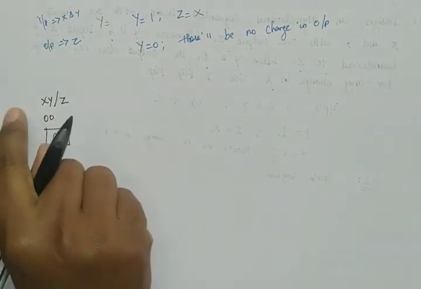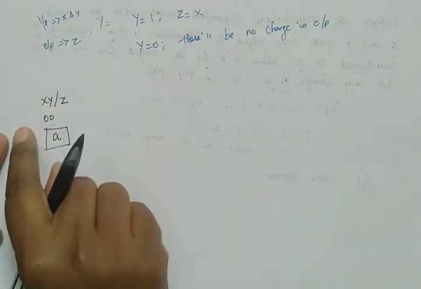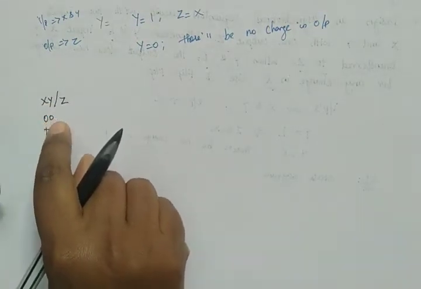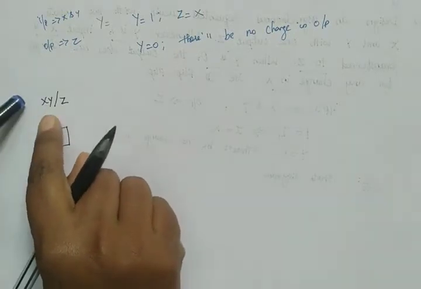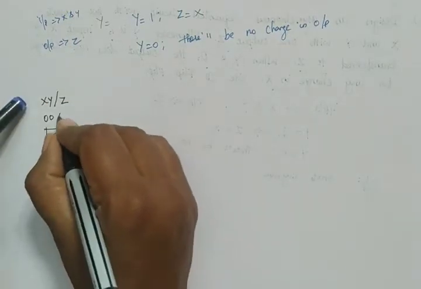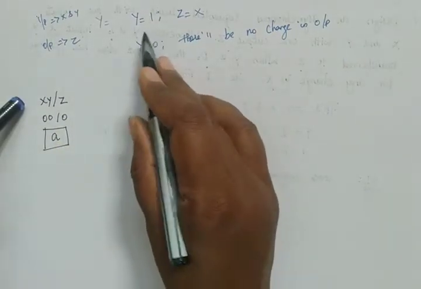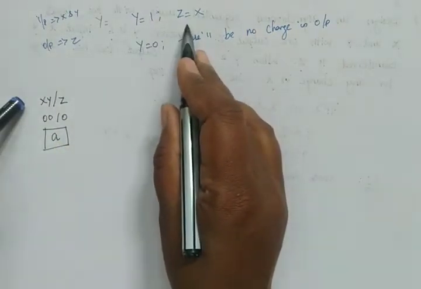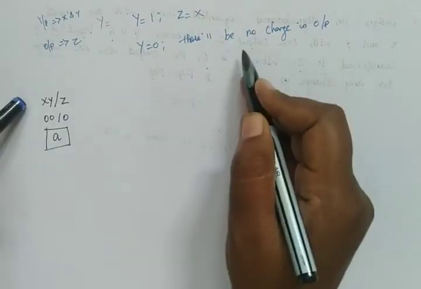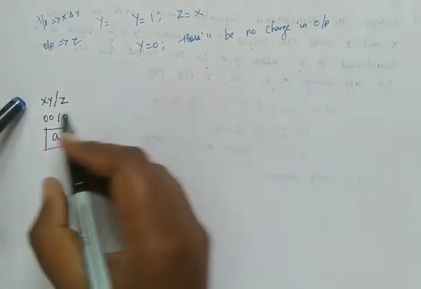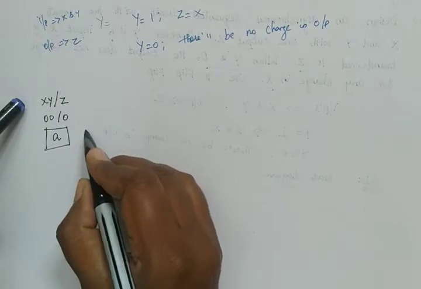If we had 3 inputs X, Y, Z, then we would have to take 3 bits, 0, 0, 0. Here we have 2 inputs X, Y and the output is 0. Why are we putting 0 here? Because when Y is equal to 1, Z is equal to X, but when Y is equal to 0, there will be no change in the output. Initially, we can take the output as 0.